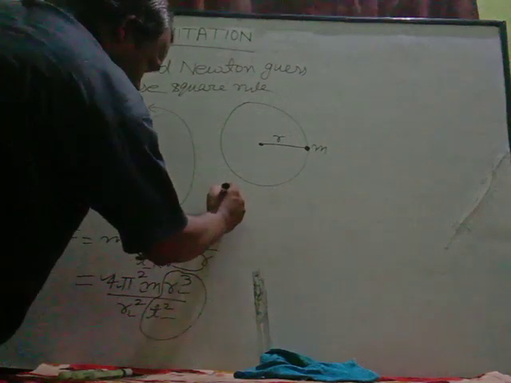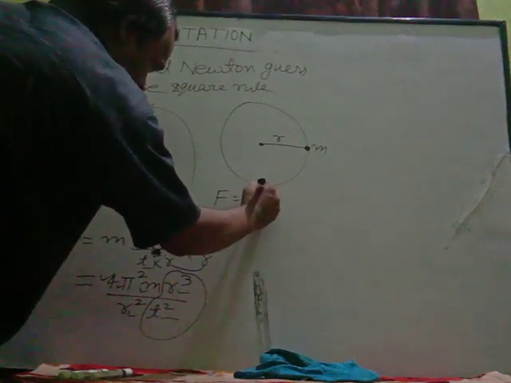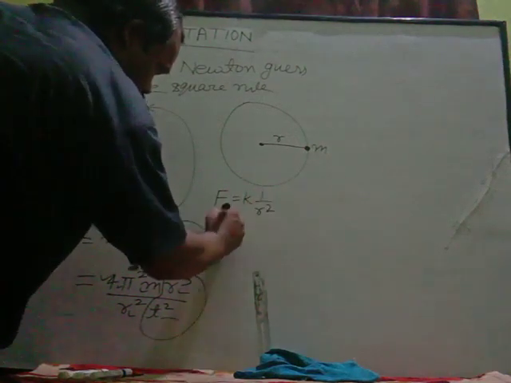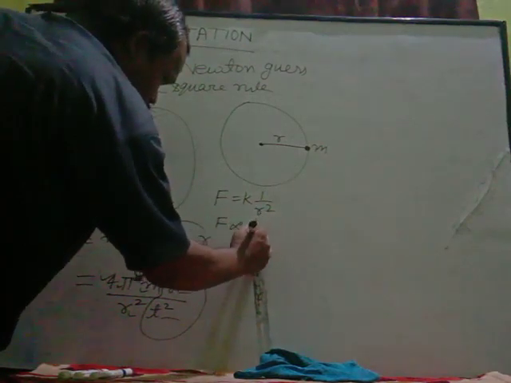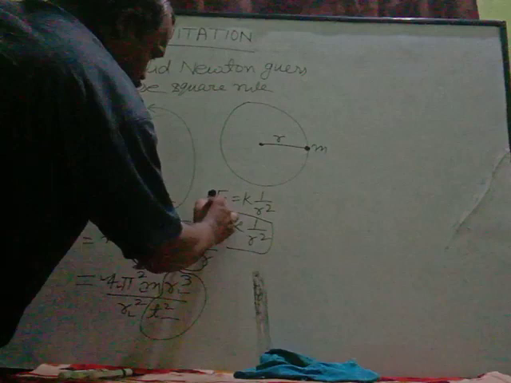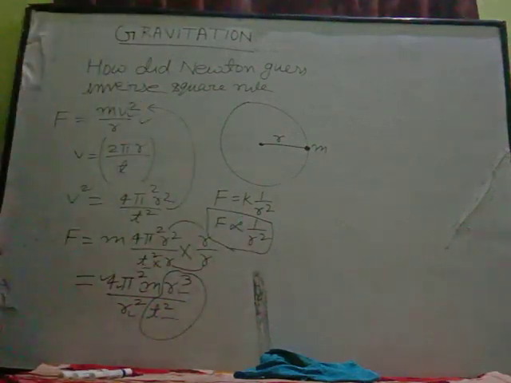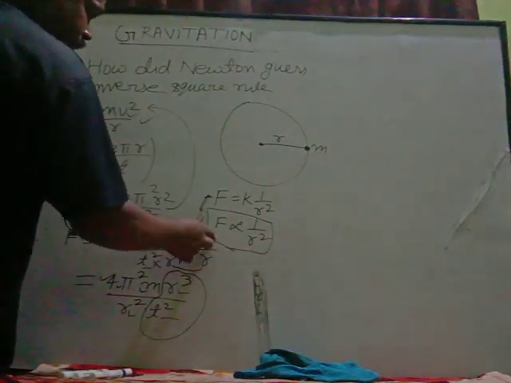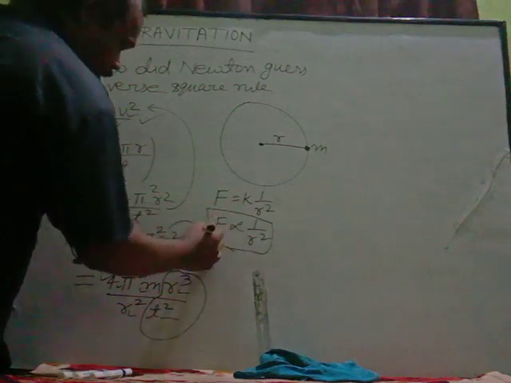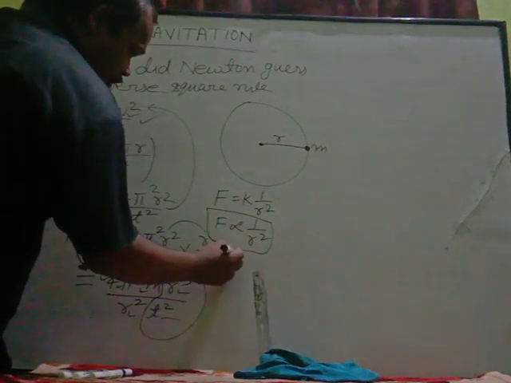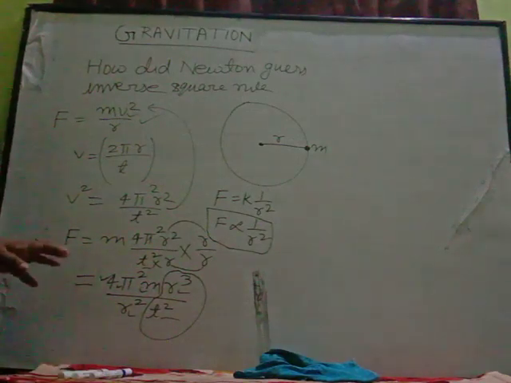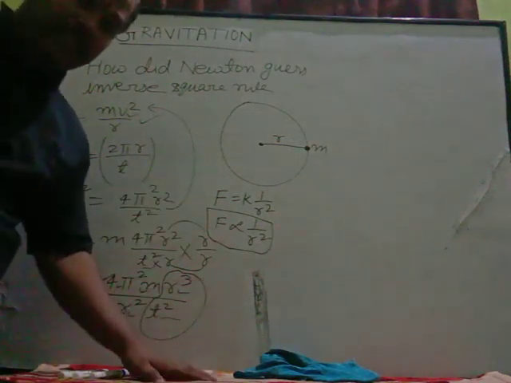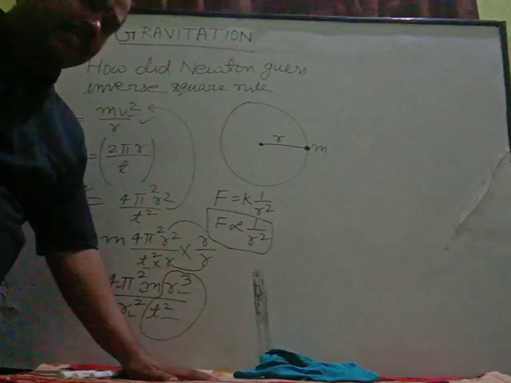That's why we have F is equal to a constant into 1 by r square, and F is inversely proportional to r square. So this is the inverse square rule given by Sir Isaac Newton. Clear? So this was the fundamental law in gravitation.